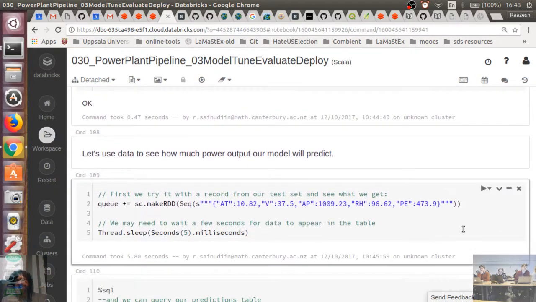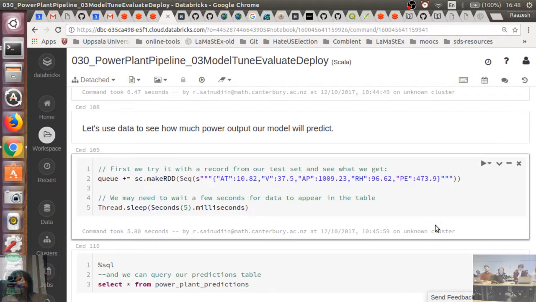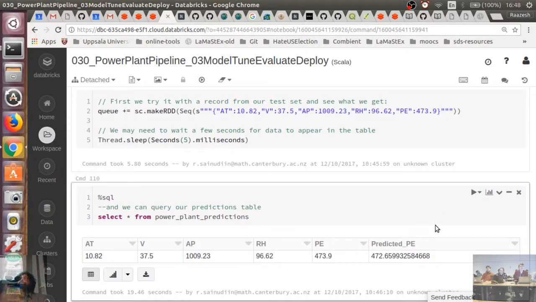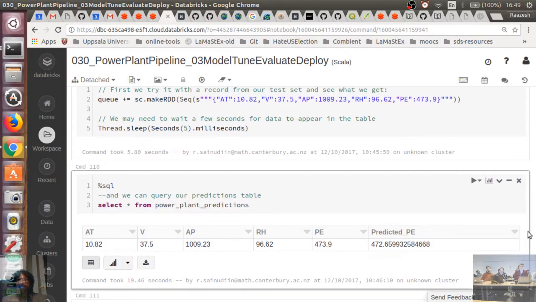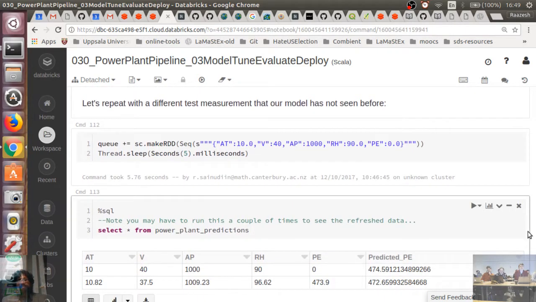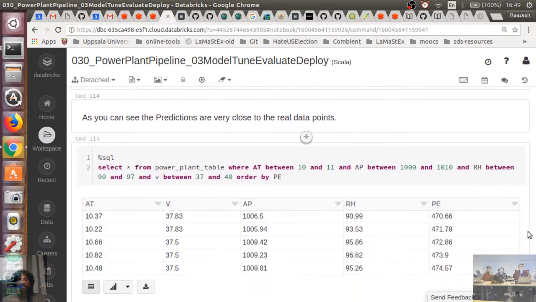Make an RDD, and then whatever. I'm just creating a queue to make a request by sleeping every 5 seconds, just to imitate customer behavior, the client behavior, and then we can serve back the prediction for these requests. So that's essentially what I'm trying to do here.